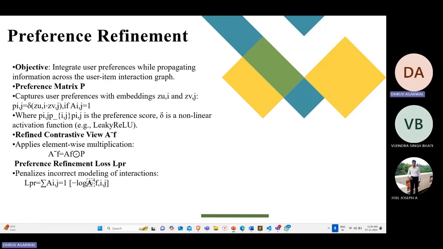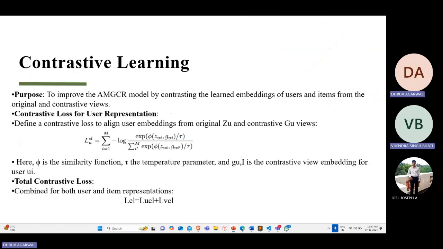The fourth layer we have is the contrastive learning layer. It helps us to improve the AMGCR model by contrasting the learned embeddings of user and item from the original and contrasted views. So we define the loss function in this layer.